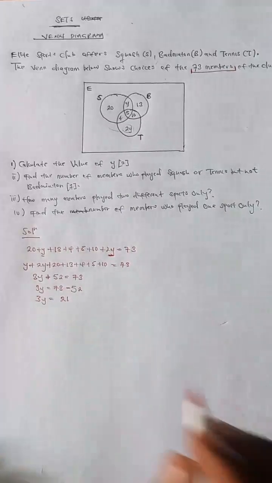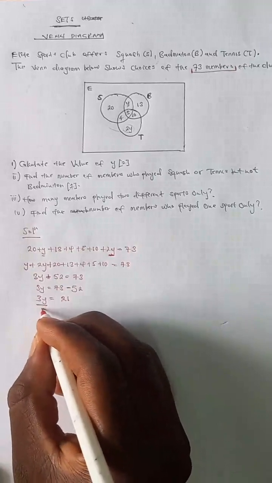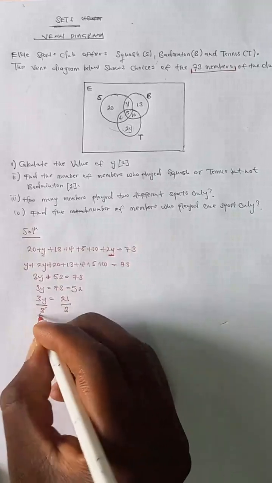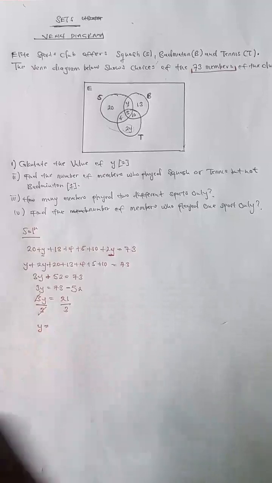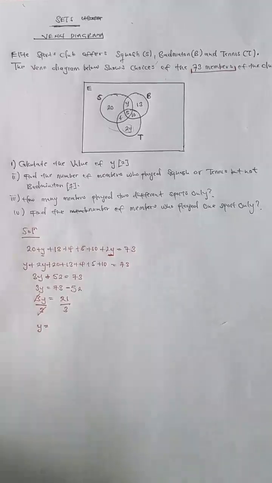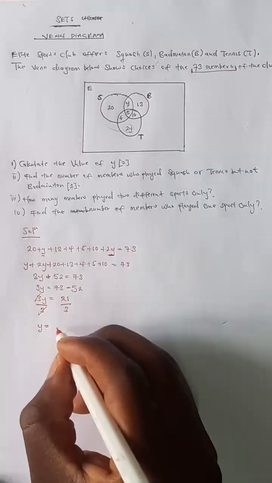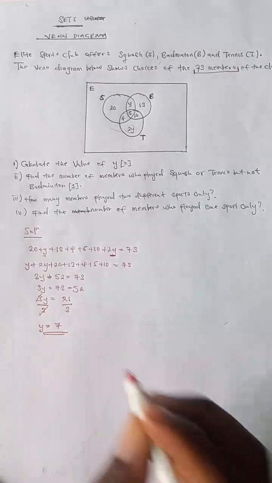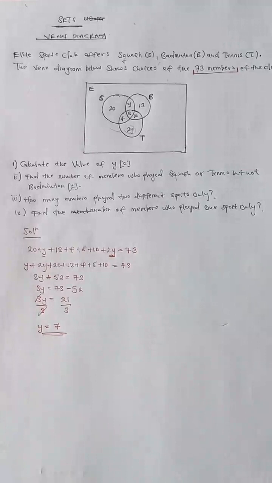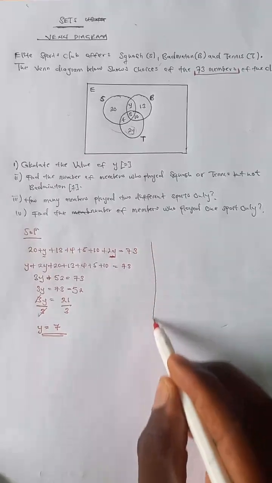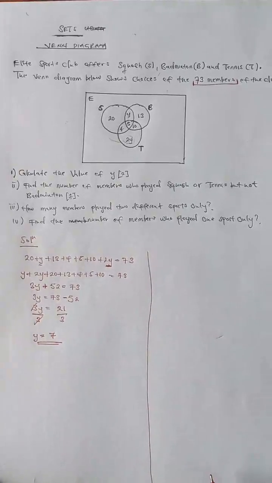Since I want to find the value of y, I will divide both sides by 3. Y is equal to 21 divided by 3. My answer is 7. So the value of y is 7. I hope we are clear. The value of y is 7.